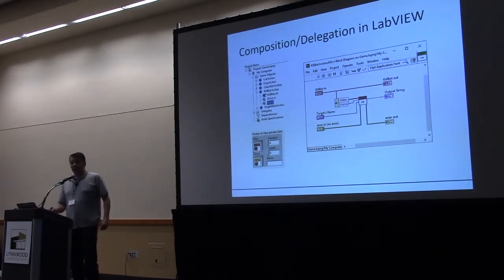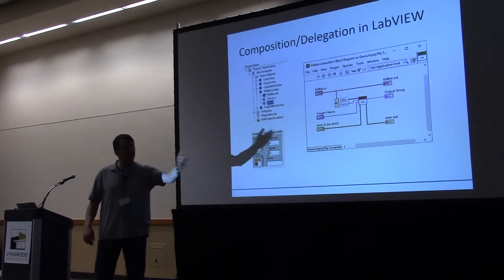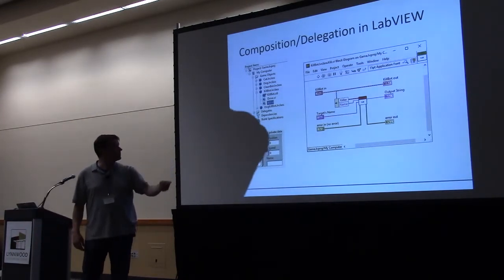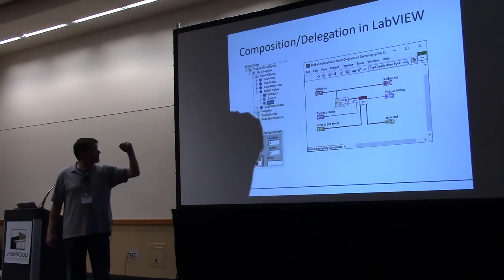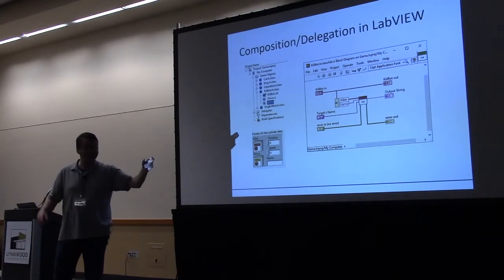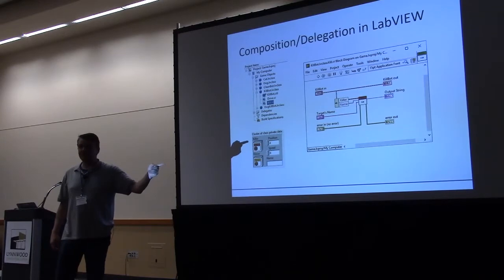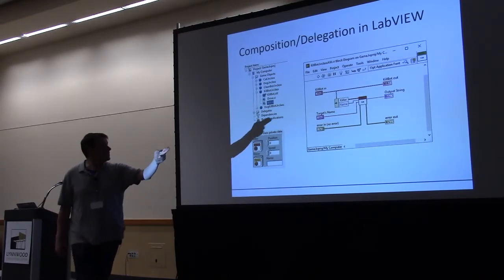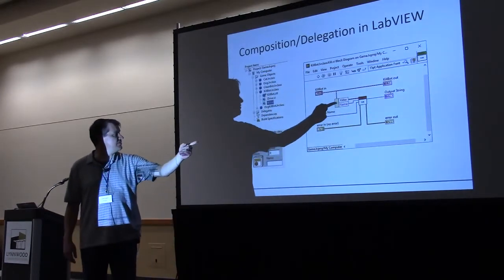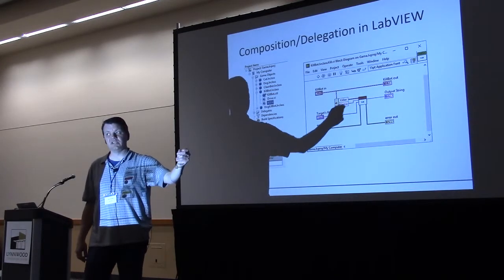In my killbot, which delegates to it, you can see right here, this is the cluster of my killbot. This is the private data in my killbot. You can see that I've got a killer object in my killbot. So when my killbot kill method is called, I'm going to retrieve my killer object, and I'm going to call the killer's kill method.